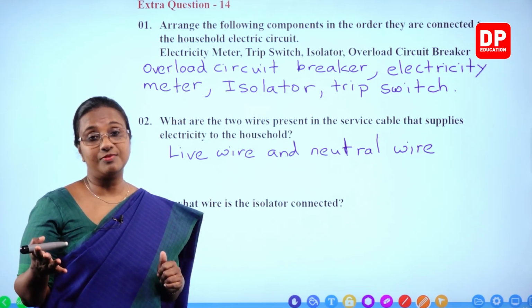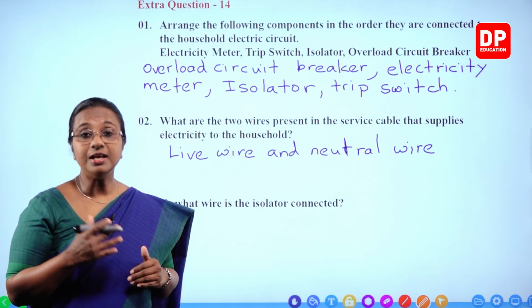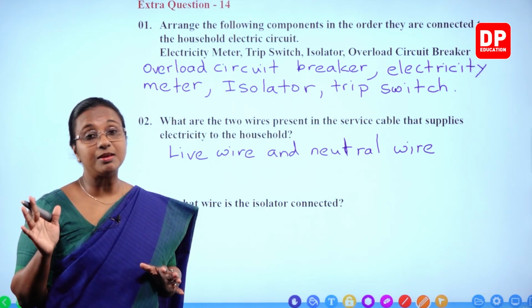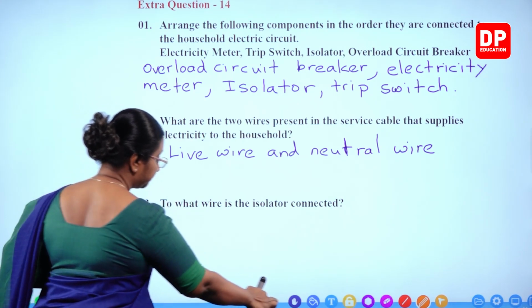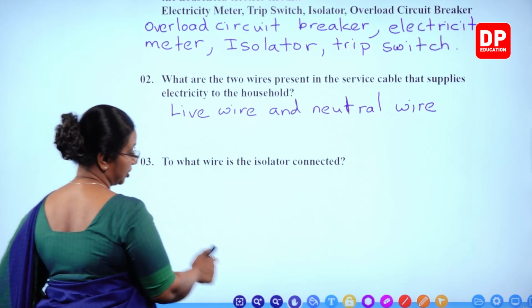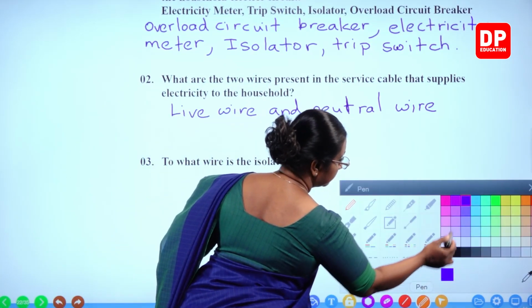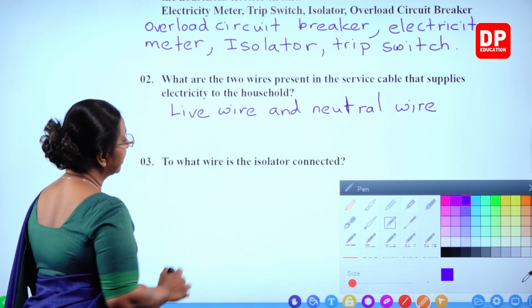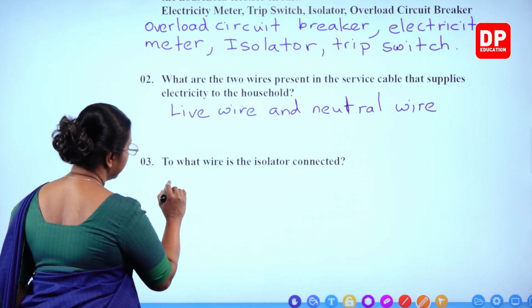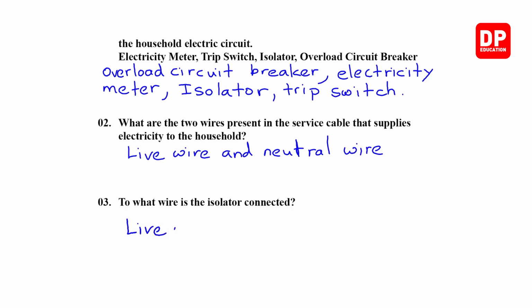That is why we call it a dual pole switch. You can remember that. So the answer to this question, to what wire is the isolator connected? Live wire and neutral wire.